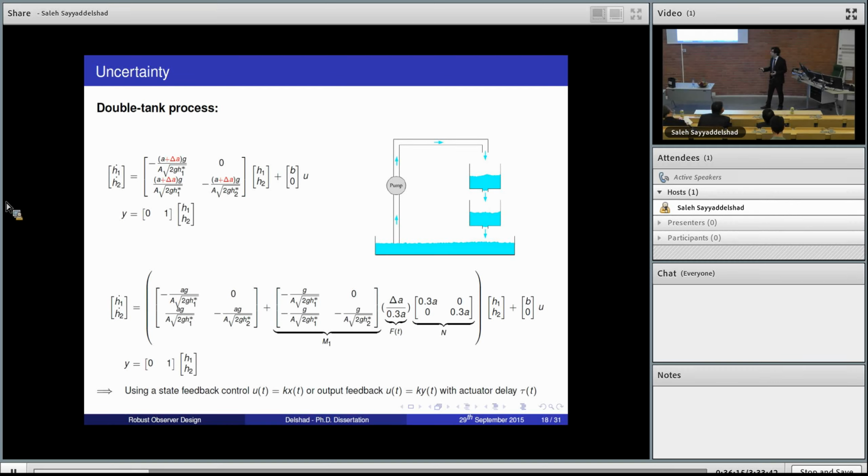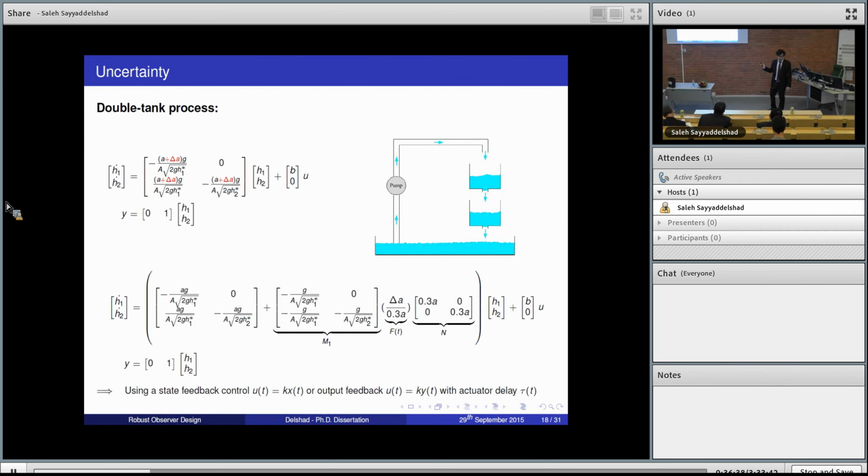This is the common and popular matrix decomposition in robust control that we will deal with in papers A and B. And again, think about having a time delay, no matter if you're using state feedback or output feedback. So think about the time delay in your input. So definitely you will get some delay in your system.